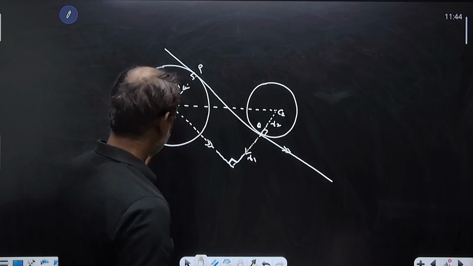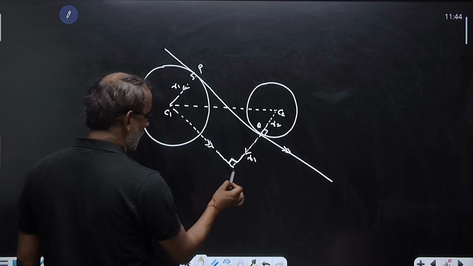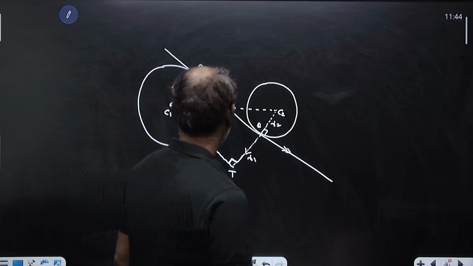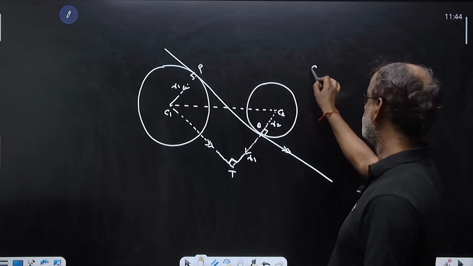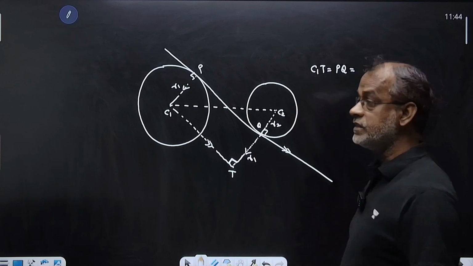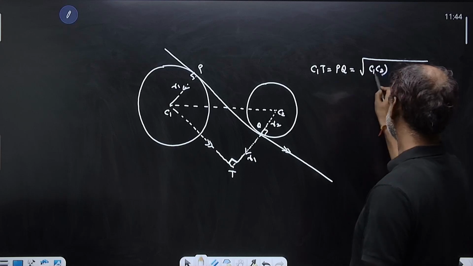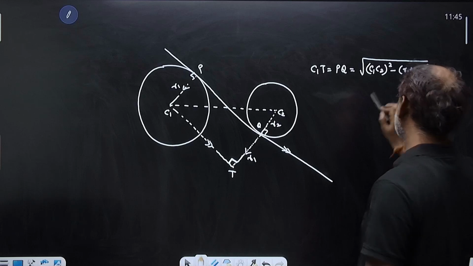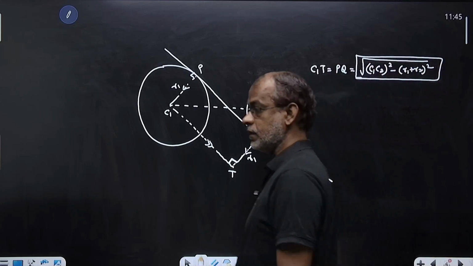So PQ will be equal to C1T in this rectangle. Now PQ and C1T are equal. What is C1T? By Pythagoras. So this is the length of the transverse common tangent.